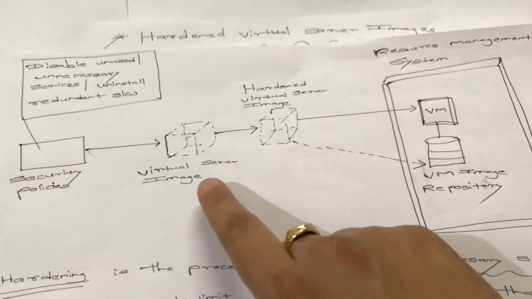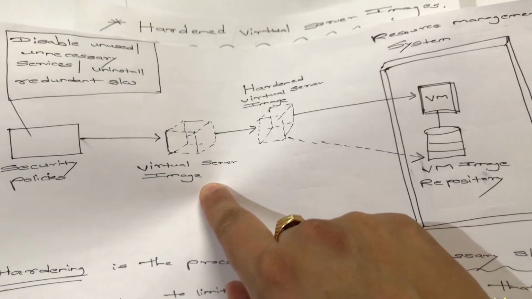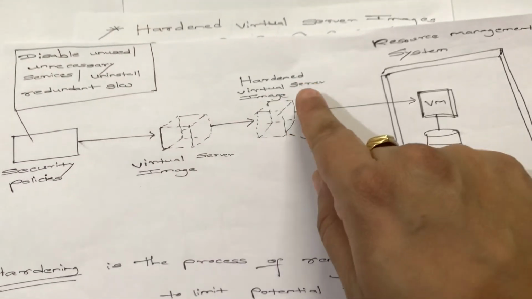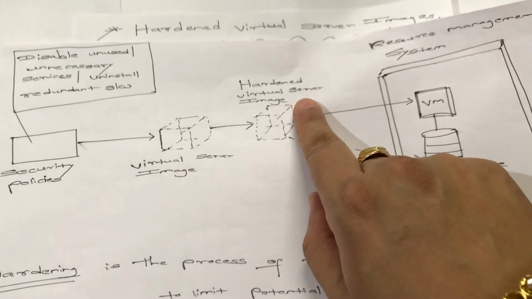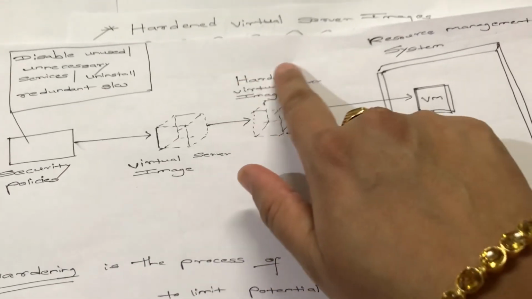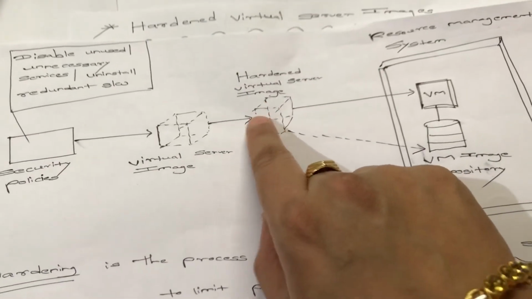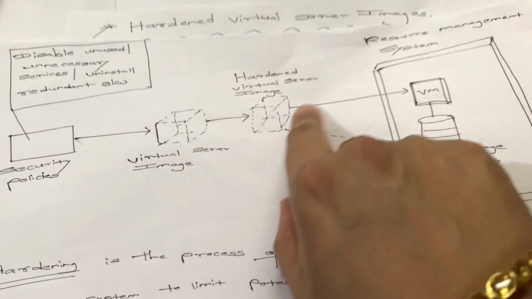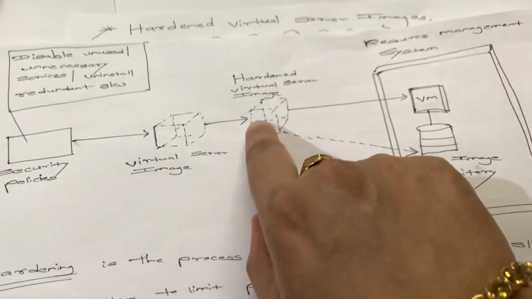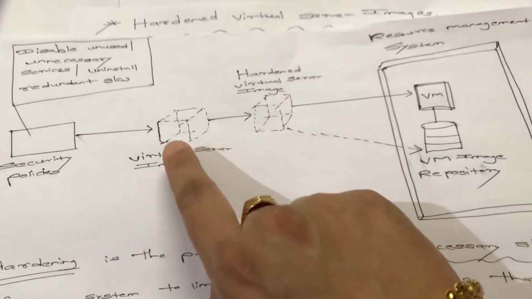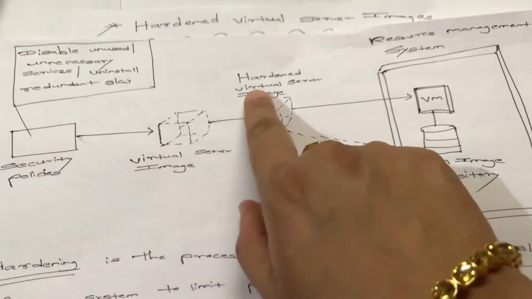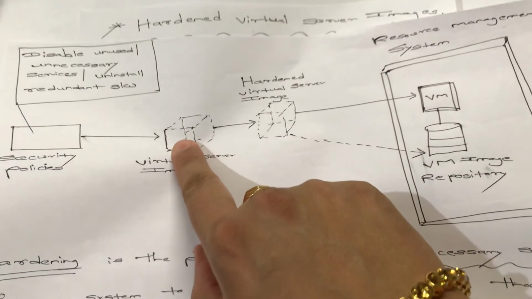It is performed on the virtual server image, which leads to a hardened virtual server image. So what is this hardened virtual server image all about? It is very secure to use, a secured baseline, because the hardening action is performed on top of it.